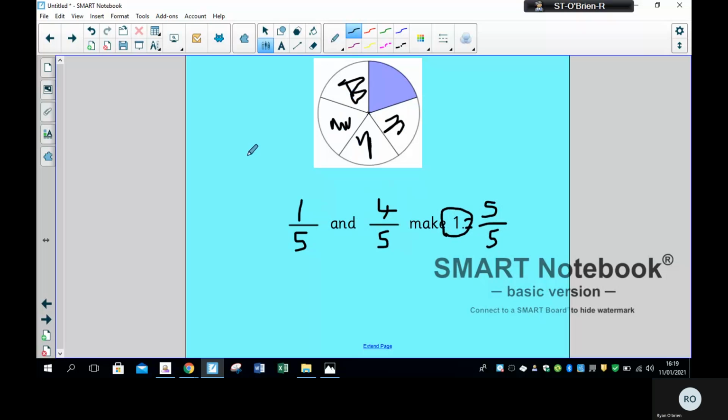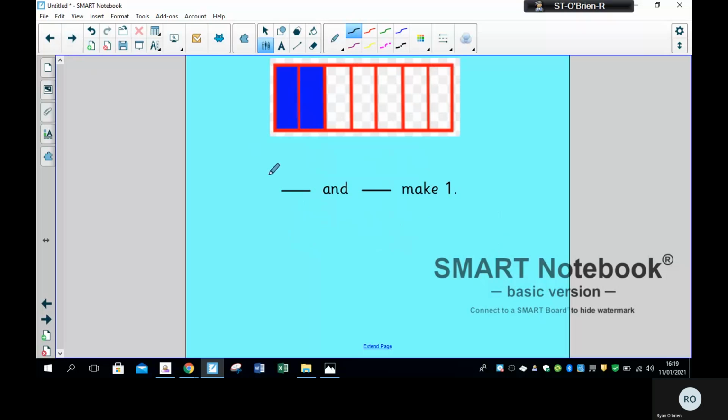And then the last shape, before we move on to doing it without the shapes. There's 1, 2, 3, 4, 5, 6, 7 parts, so I'm working in sevenths. I've got 2 parts shaded. I need to work out how many more I need to make one whole. I can look at my shape to help me. 1, 2, 3, 4, 5.